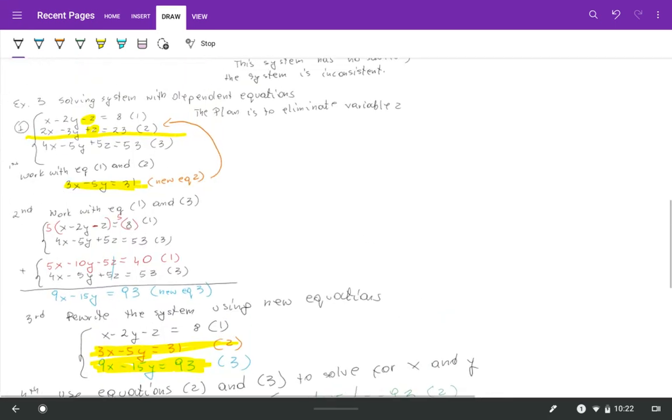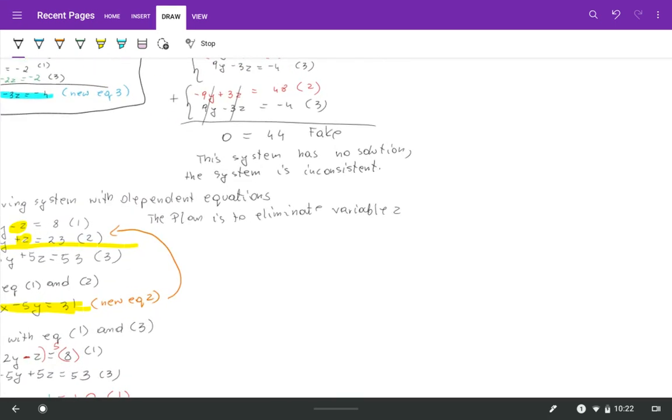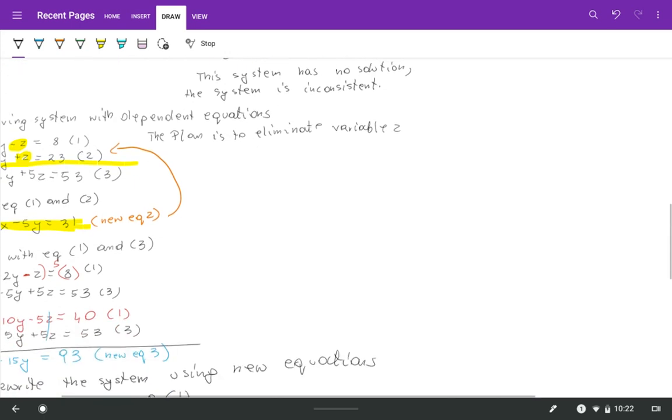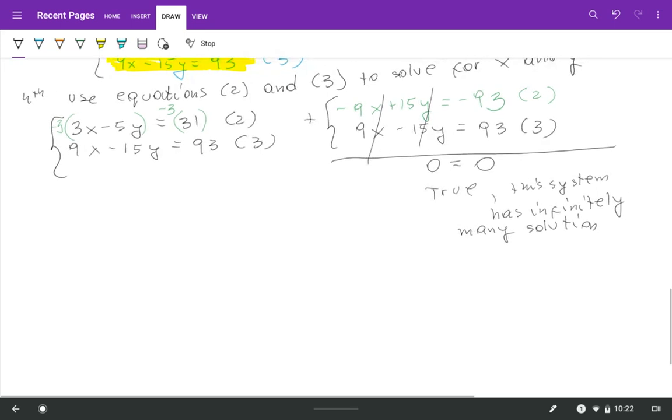Going back to this problem, my plan was to eliminate variable z. Since I know that my system has infinitely many solutions, I'm going to assume, we're just going to say that z is any real number.